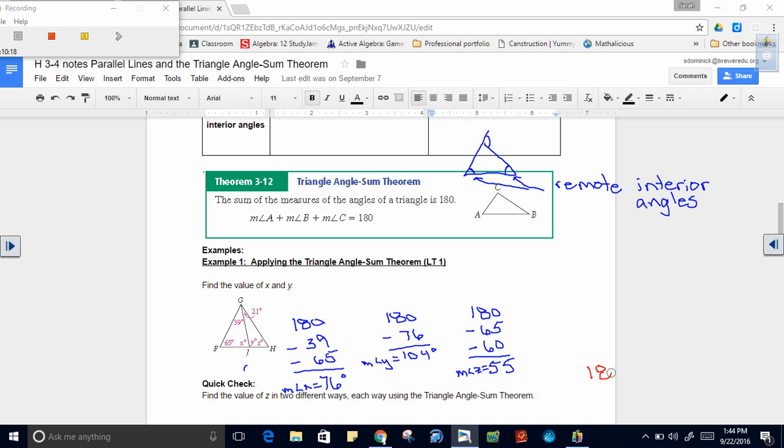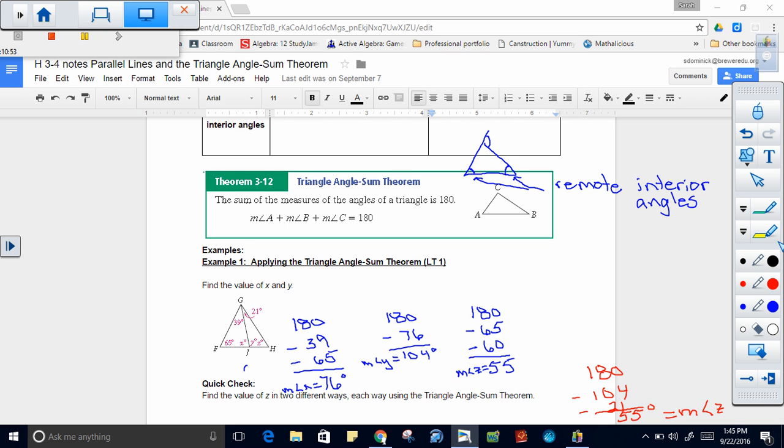So 180, still in that small triangle, no matter what size the triangle is, it's always 180. Minus y, which would be 104. Solved that before. And I also want to take away 21, because that's that top angle there. So 180 minus 125 would again be 55, which is good, right? The measure of angle Z should be the same no matter how I go about finding it.